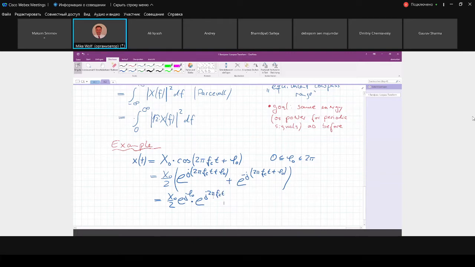This is our carrier frequency. And then there is another frequency which is minus Fc, which belongs to our frequency spectrum. So plus x naught divided by 2, e to the power of minus j phi naught. So you see the phase is an odd function: plus phi naught, minus phi naught at negative frequencies.